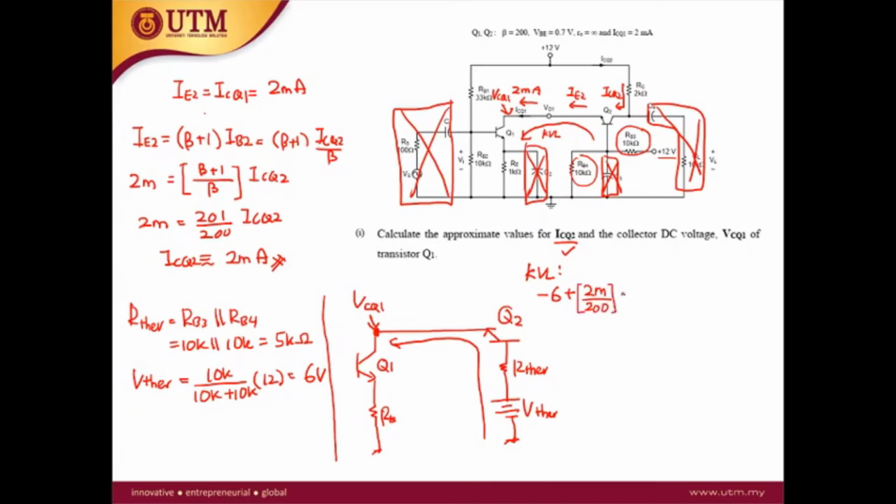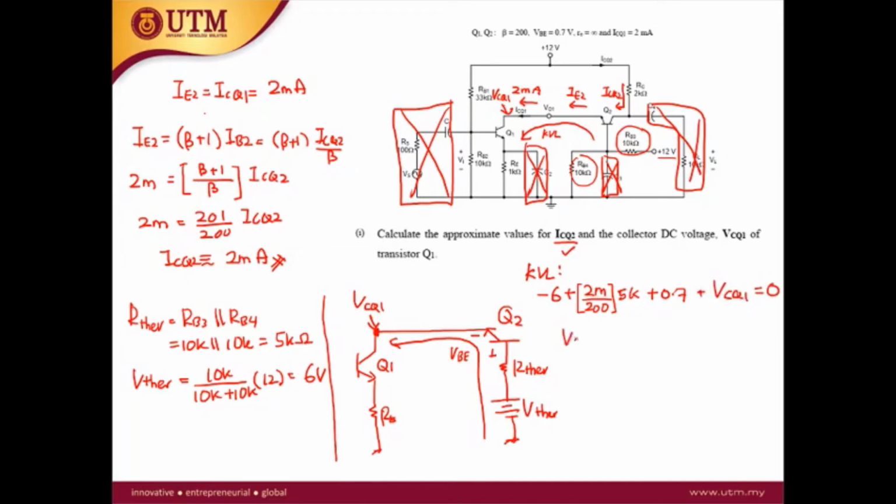So this IB times the R Thevenin, 5k, and then plus the VBE, which is 0.7, plus the VCQ1 equal to 0.